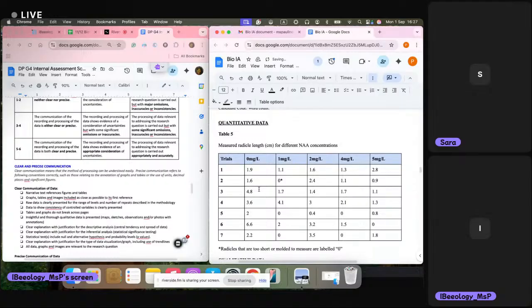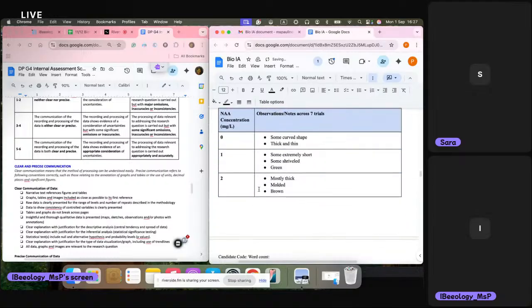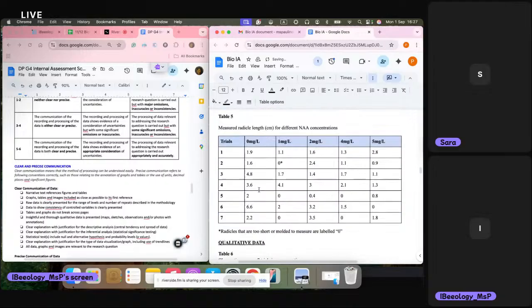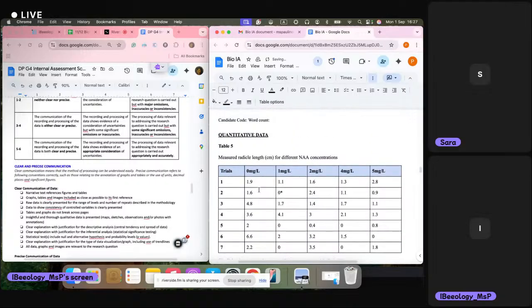This is raw data, right? In the raw data, it can be combined.